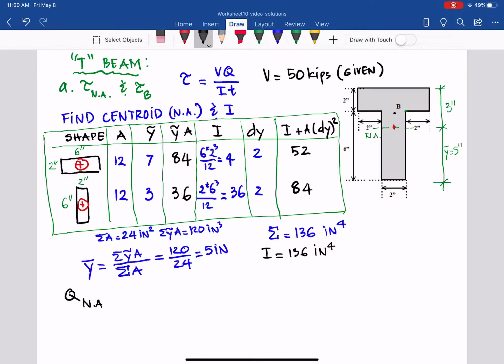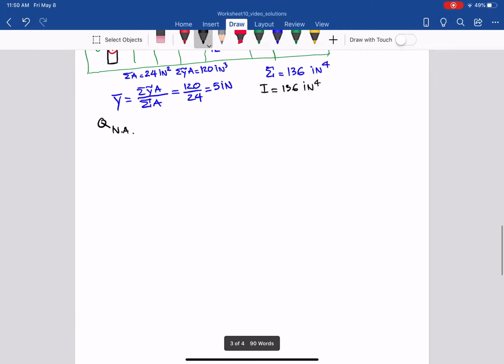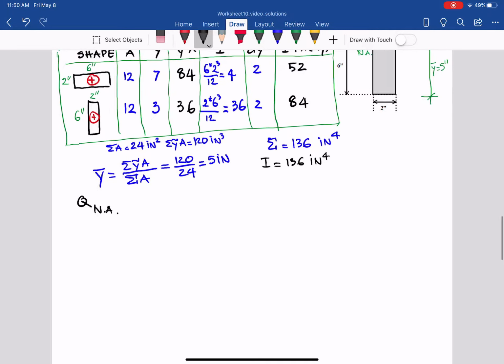So let's first start with the Q at the neutral axis. What do we have here?